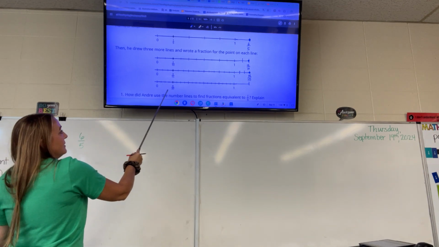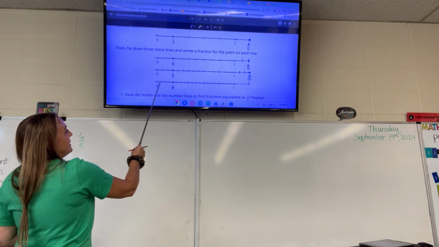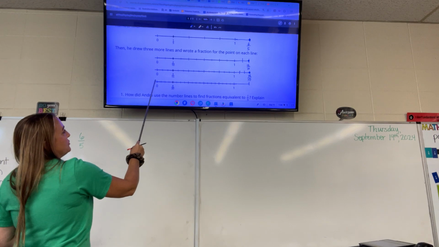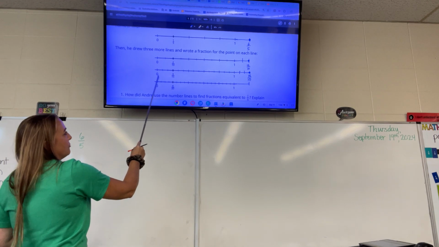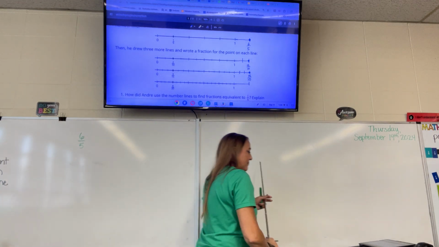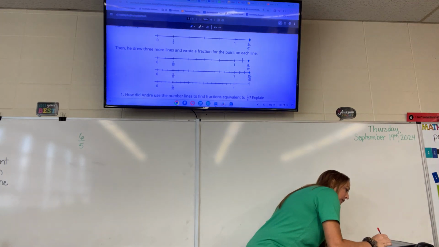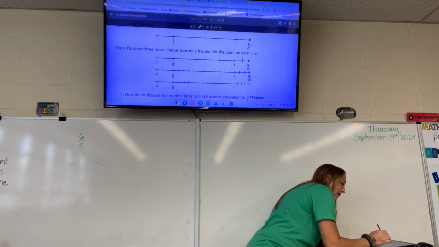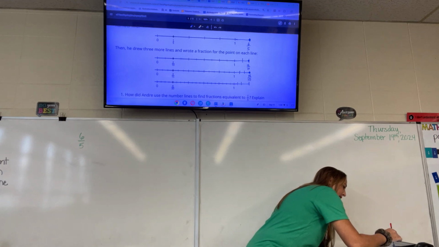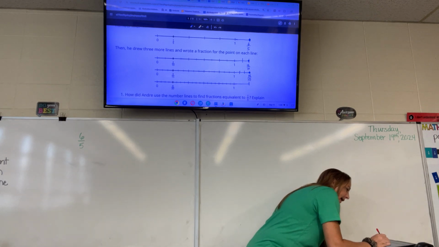And then, on the last one, how many lines did he add between 0 and our point? 3. So we need to do the same thing here. So I'm going to go 1 in the middle and then split each one. I didn't do a good job. Okay. 1 in the middle and then boom, boom.